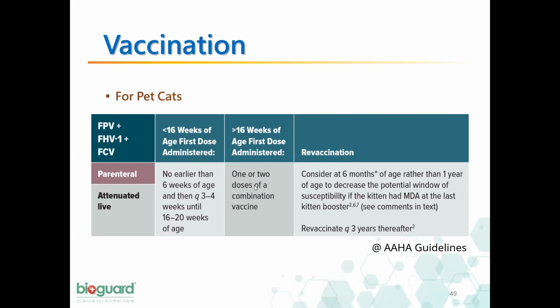Other than that, for cats older than 16 weeks, 1 or 2 doses of a combination vaccine can be given. Considering revaccination, it can be given at 6 months of age, rather than 1 year of age, as a potential window period for susceptibility if the kitten had MDA or not. For the other cases, revaccination can be every 3 years thereafter, after the first dose.